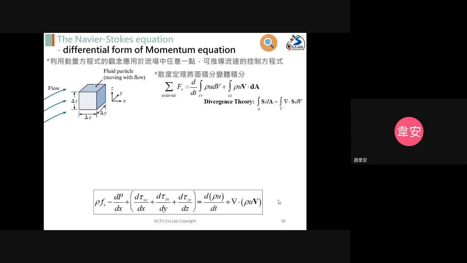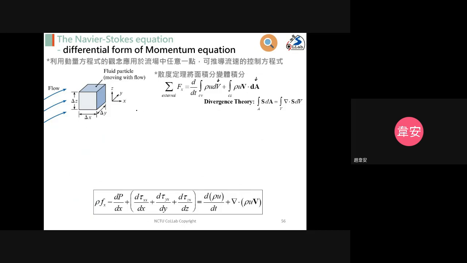Okay, so right now we try to deal with the problem on the right hand side. So as you see here, on the right hand side, we have integrations along different domains. So in the control volume, we integrate along the total volume. But for the control surface, we integrate over the cross-section area.